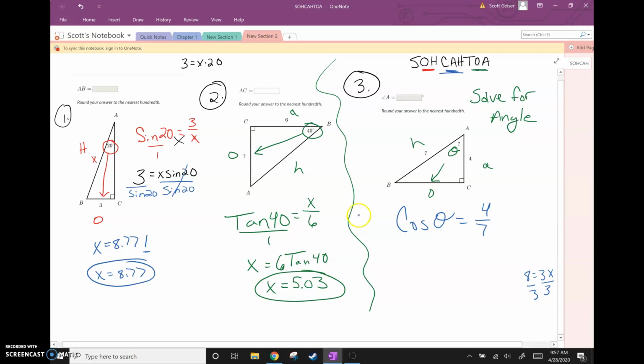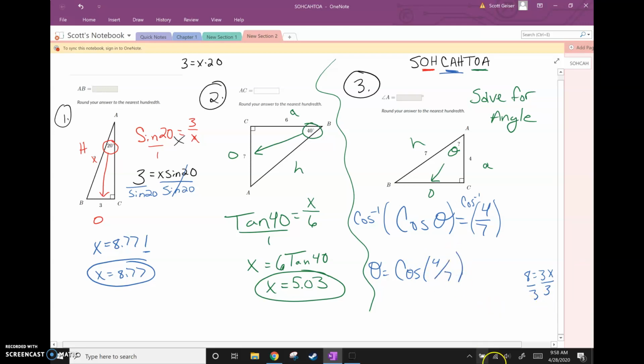So if I multiply both sides by cosine -1, so I have cosine -1 of the 4/7. Okay, so my theta would equal, theta equals, put the equal sign in the wrong spot, the inverse cosine of 4/7.